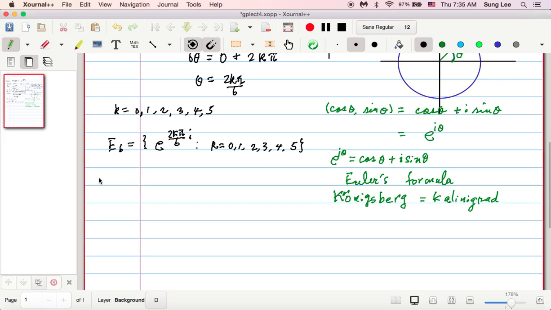So what is that? The first one is the complex number of length one, right? So we have when k equals 0. So let's write those down. So k equals 0, we have 1.